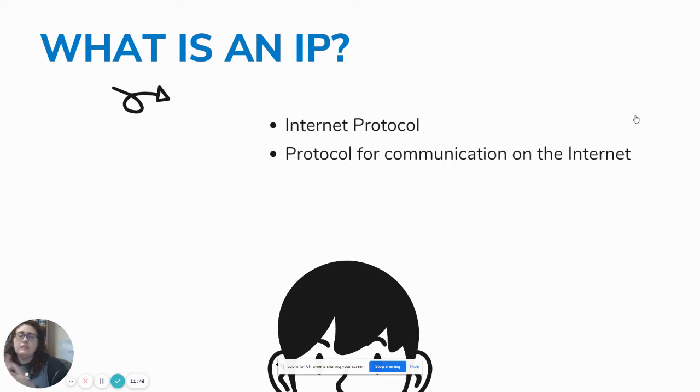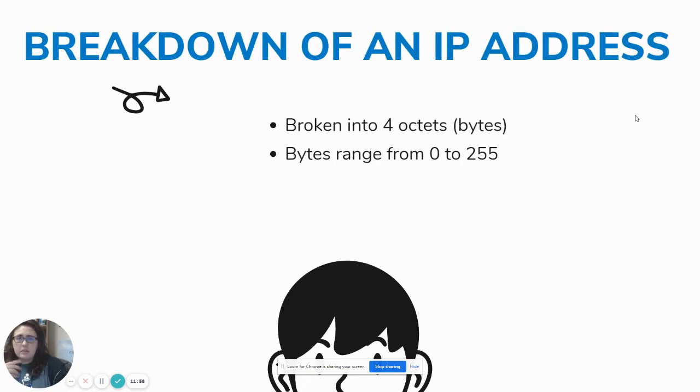So what is an IP? It's an internet protocol. Some of the stuff David Malan, who you just saw with Harvard, was explaining that. So it's an internet protocol. It's a protocol for communication on the internet. And so an IP address is broken into 4 octets, which are bytes. So octets and bytes are synonymous. And the bytes range from 0 to 255.